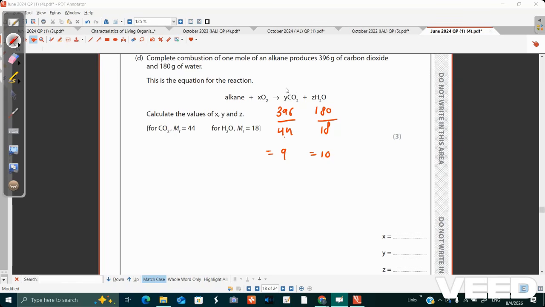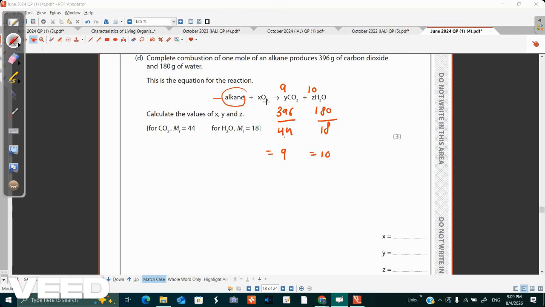So it is 9 to 10, right? So if it is 9 to 10, now remember, since it's an alkane, alkane does not contain any oxygen. So all the oxygen here is coming from what? From the oxygen gas.